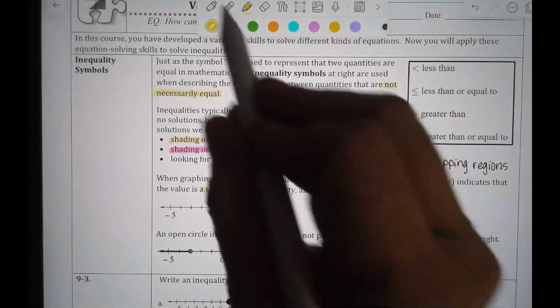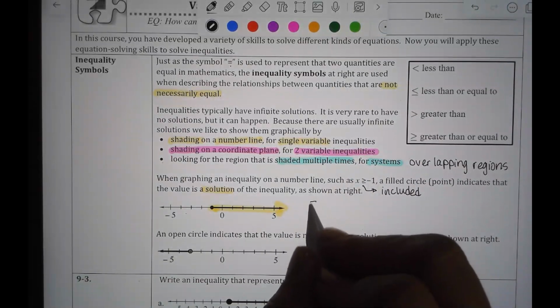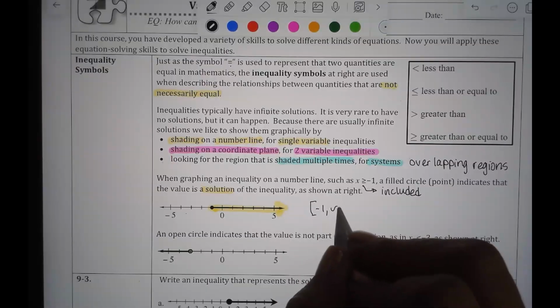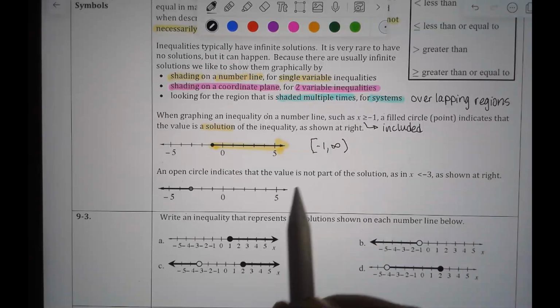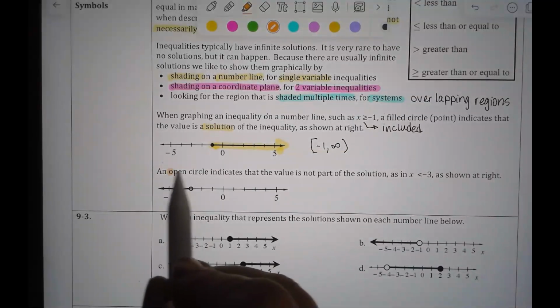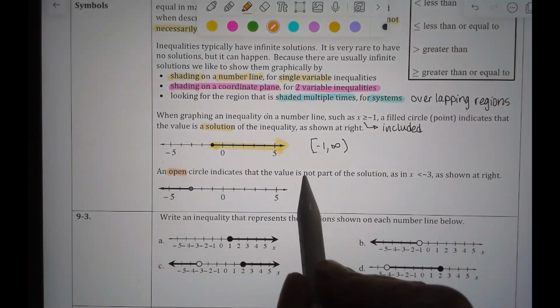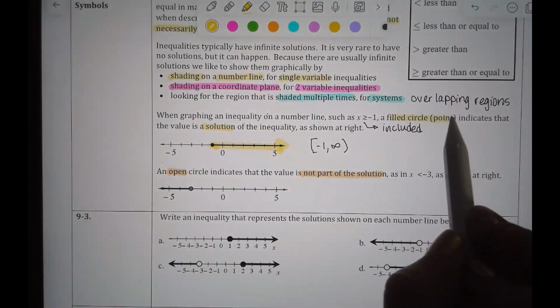In interval notation, if I were to ask you to write this answer in interval notation, we would be starting at -1 and going to infinity. An open circle, remember, tells us that it is not part of the solution. So in this case, our open circle is not part of the solution. Let me go back up here.